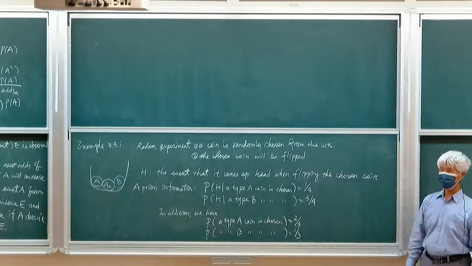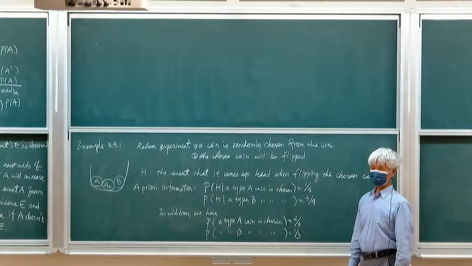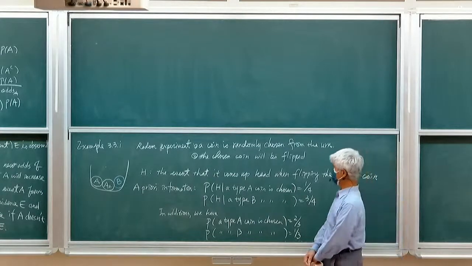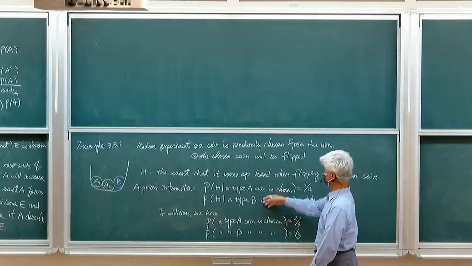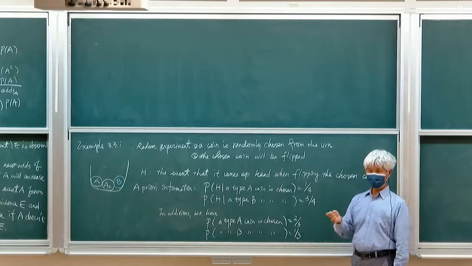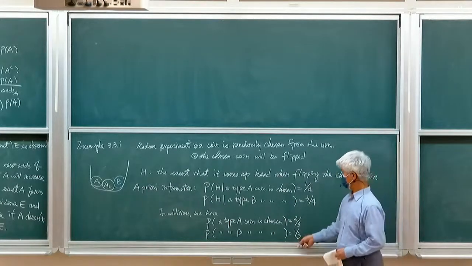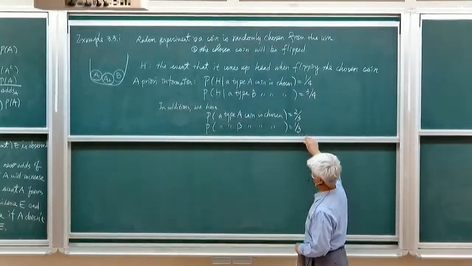So those are prior information we have. The first 2 depend on how type A as well as type B coins are manufactured, and so this is the prior information.